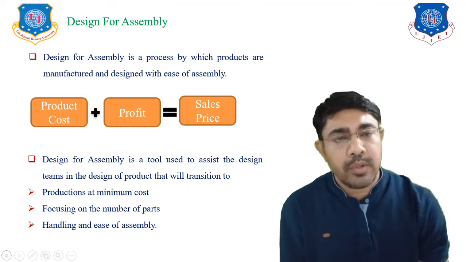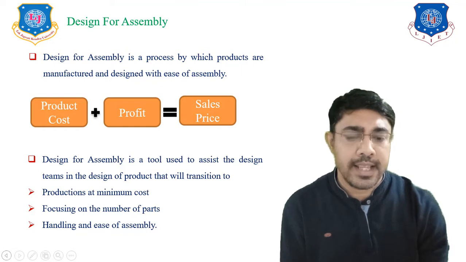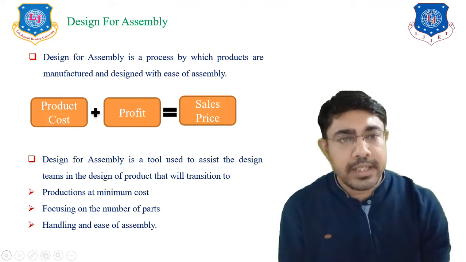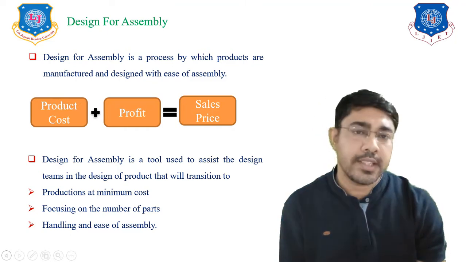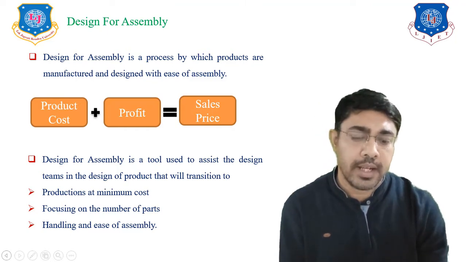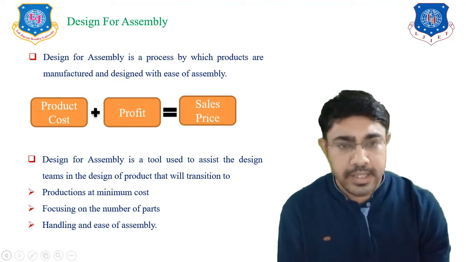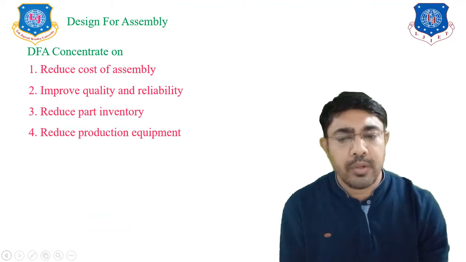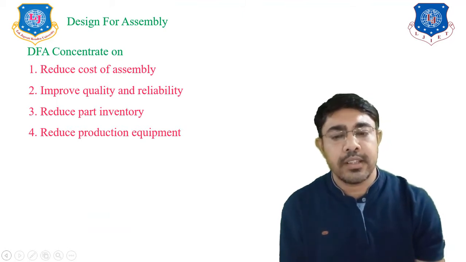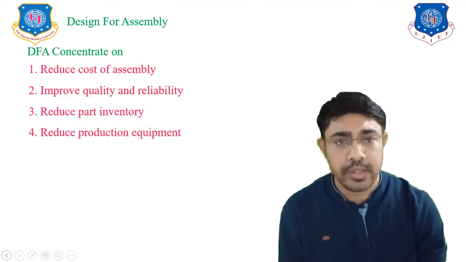Design for assembly is a tool used to assist design engineers in their product designs, and that will translate to minimum production cost, focusing on the number of parts and easy handling and assembly. The design for assembly concentrates on four functions.